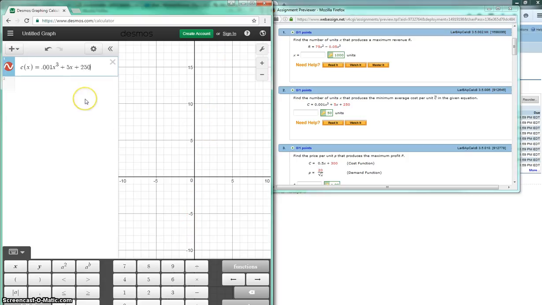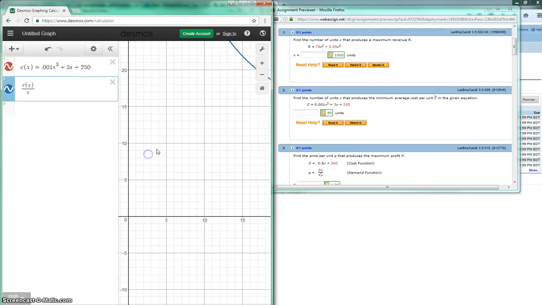And honestly, unless WebAssign wants an exact value, once we get to word problems I am fine with just doing them with Desmos and understanding this is average cost, I take this divided by X, and then I can find a minimum.